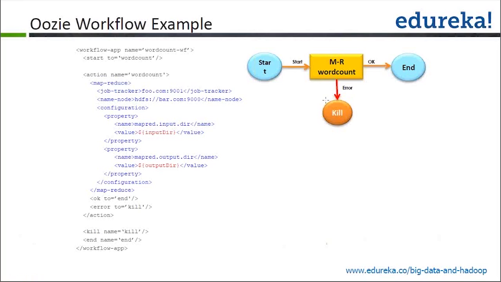All those things are part of the action node, the MapReduce node which you are using. In case there is any failure, like if the data set is not available, the job will fail and you will send a kill signal. And once the processing completes, it will reach the end node, and that's where the whole workflow will complete.